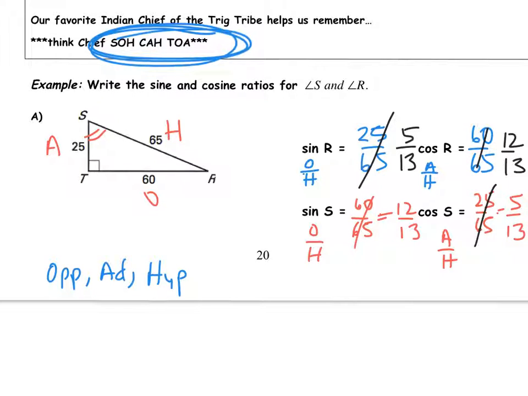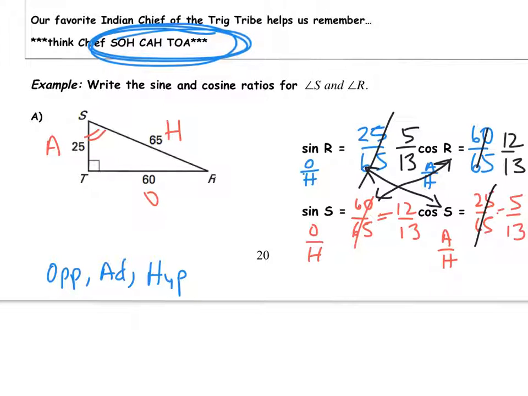Okay? All right, what do you notice? Very good. They're the same thing, but changed around. As in, the sine of R and the cosine of S are the same thing. The cosine of R and the sine of S are the same thing. And the reason they changed around is because, remember, when we switched angles, the opposite and the adjacent changed around.